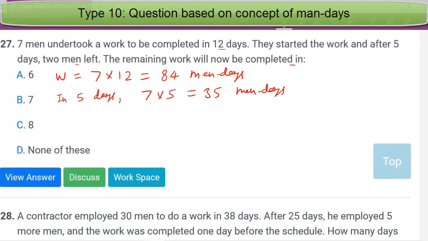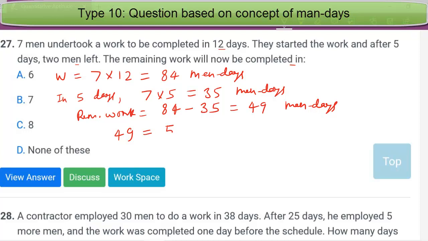So the remaining work will be 84, which was the original, minus 35 which was done, so that is 49. So 49 man days of work is remaining, and this has to be done by 5 men, since 2 have already left, multiplied by the number of days, right?